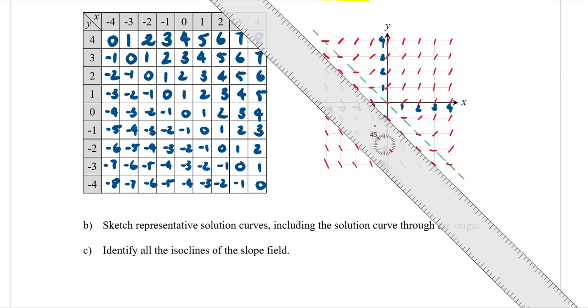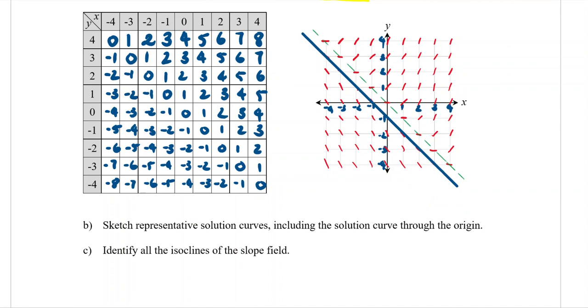They all have the same gradient. They all are going through those points. So I'm going to do another color for that one. Let's do the blue. Sorry, you don't have to do colors, but this way I can say the blue or the green.